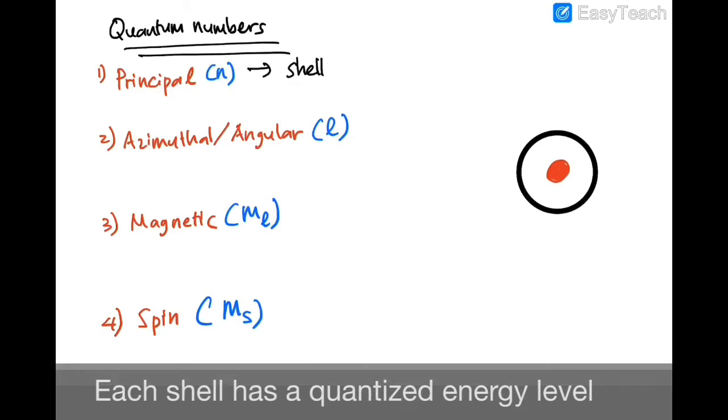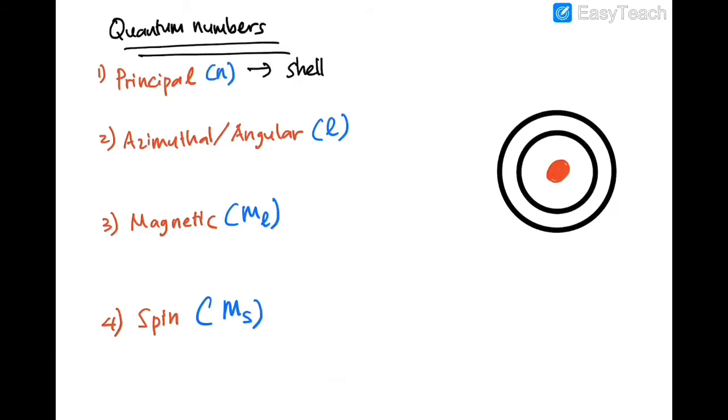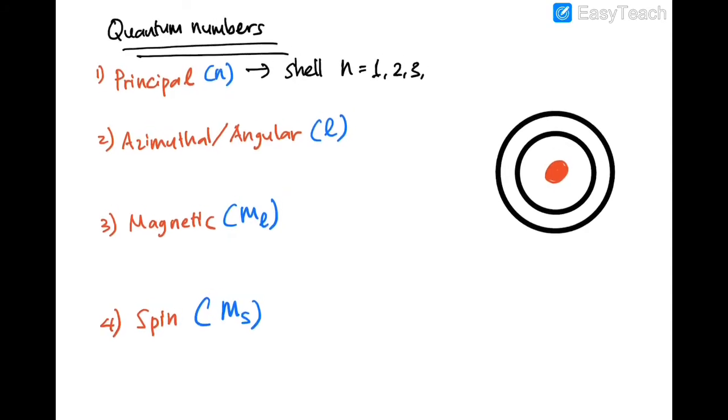Then we have the second shell that is second closest to the core. And for this shell, n can go 1, 2, 3, and so on. Now we have also discussed the limitation of this theory.